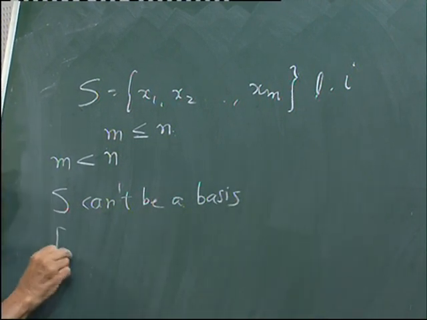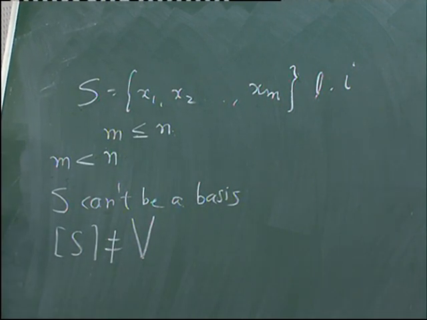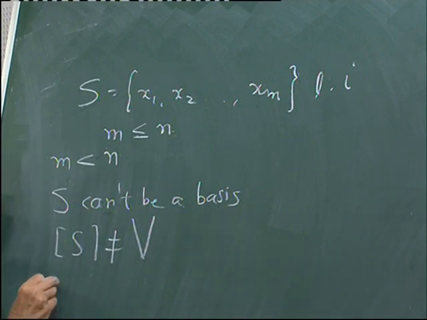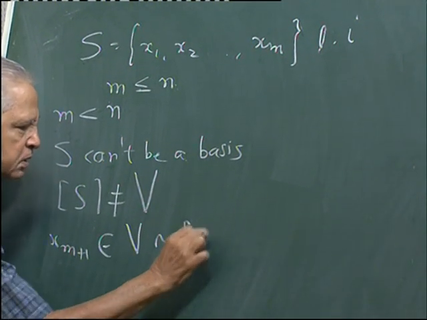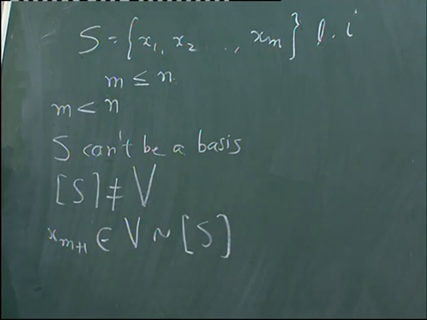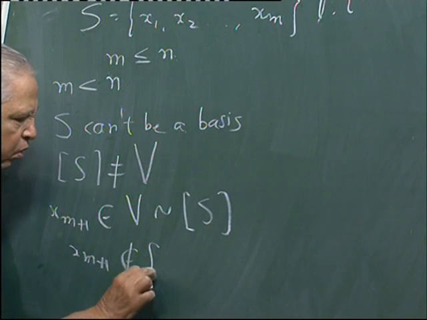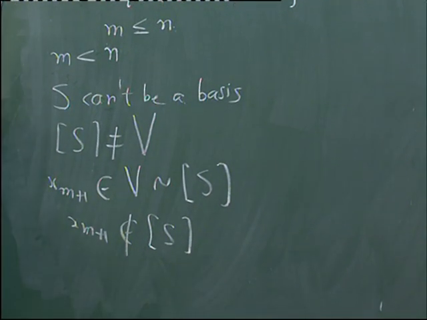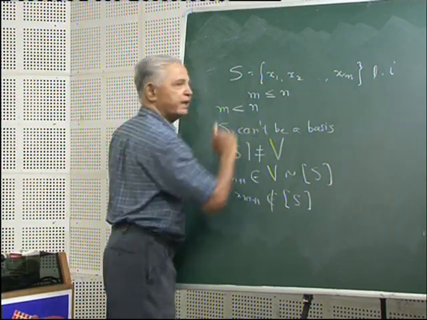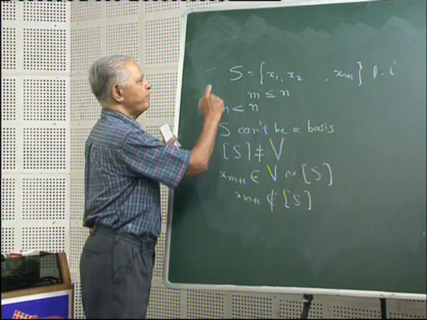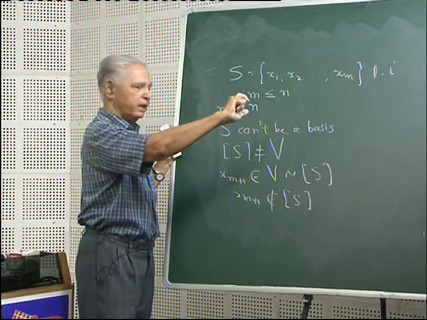And this implies that the subspace spanned by S is not equal to V. So, we choose one vector x(m+1) belonging to V complement the subspace spanned by S. This implies that x(m+1) does not belong to the subspace spanned by S. Now, we have already proved one theorem, that suppose x1, x2, ..., xm are linearly independent vectors, and if x does not belong to the span of them, then the enlarged set is also linearly independent.